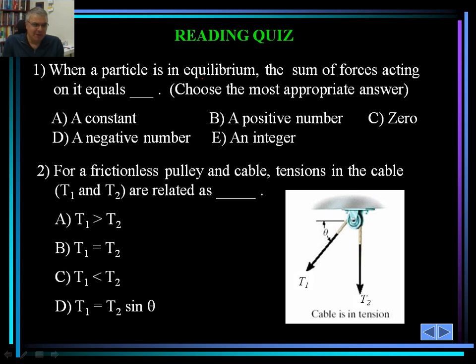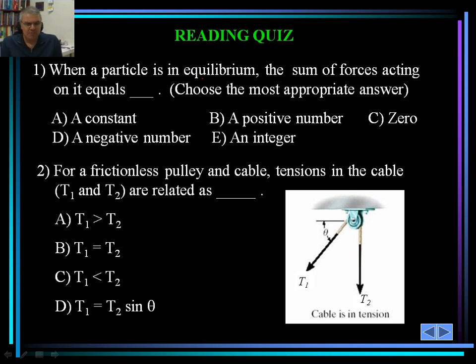That is equivalent to saying that there is an object hanging from the cable that carries T1, and we try to pull that object up by a pulling force, what we call tension, on the other side of the cable, and there's an angle theta associated with that.